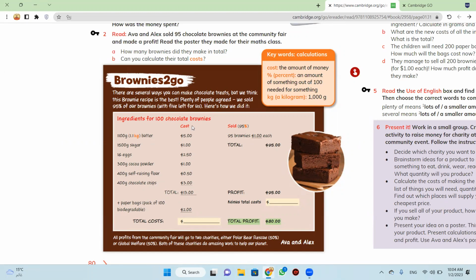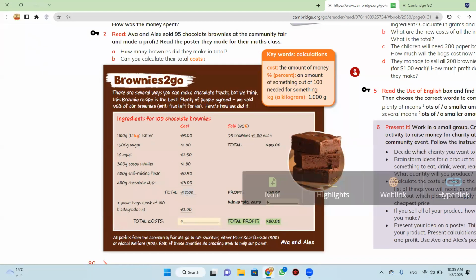Ingredients for 100 chocolate brownies: 1,100 grams of butter, or we can say 1.1 kilograms, which costs $5. 1,500 grams of sugar costs $1. 300 grams of cocoa powder costs $1. 500 grams of flour, 50 cents. 400 grams of chocolate chips, $3. The total we have is $13.